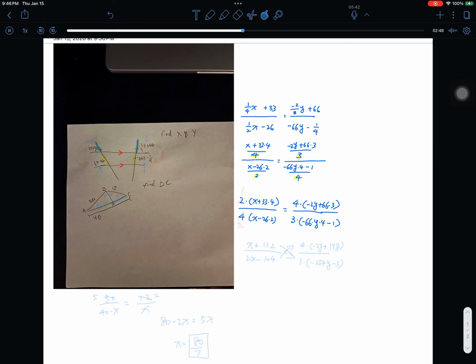That's just algebra, if you learned that before. Let's do some cancellation. 1 here, 2 here. So we got x plus 33 times 4, 132, and distribution 2x minus 4 times that, 104, equal to, I'm going to do distribution.